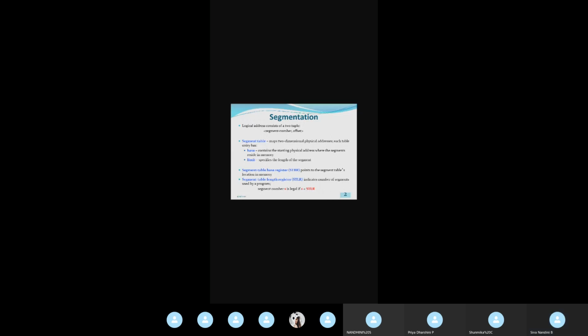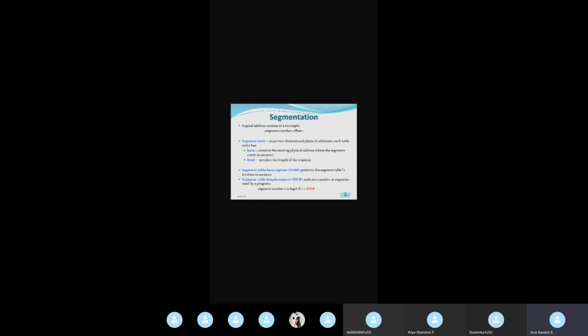Okay, here in segmentation, the logical address will consist of two tuples, that is segment number and offset. See, in the previous case, we saw the address translation scheme.